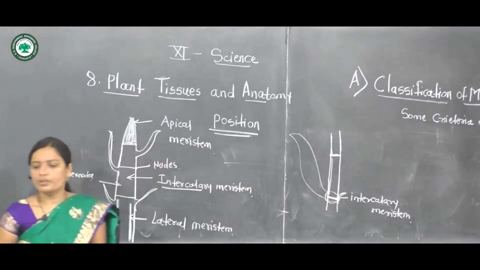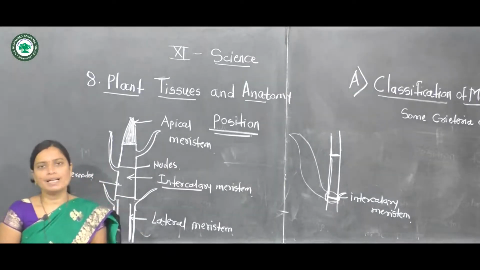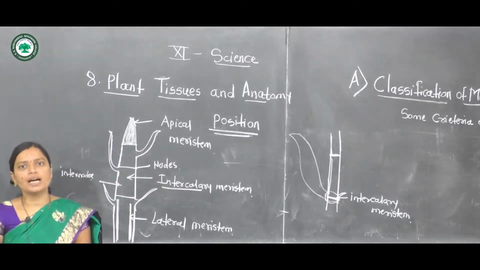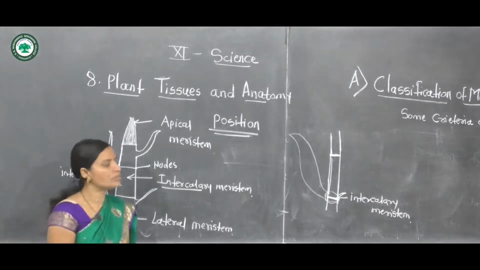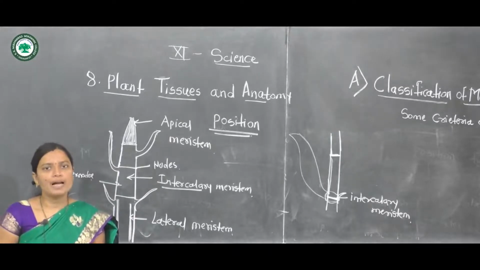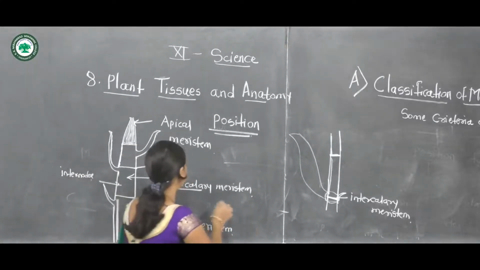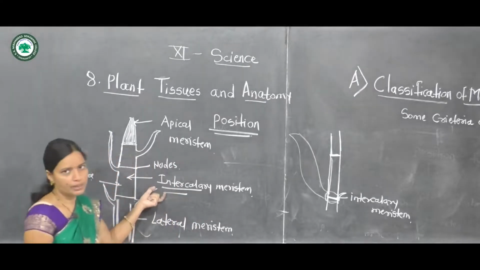It helps the growth of the branches and leaves. The most important function of the intercalary meristem is the growth of the leaves as well as the branches of the leaves.